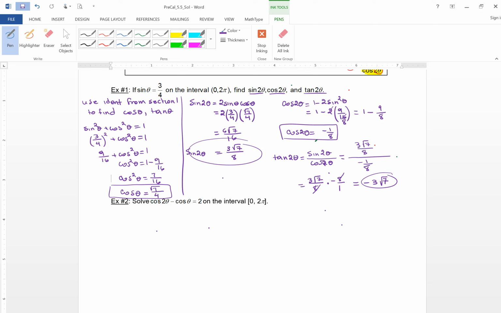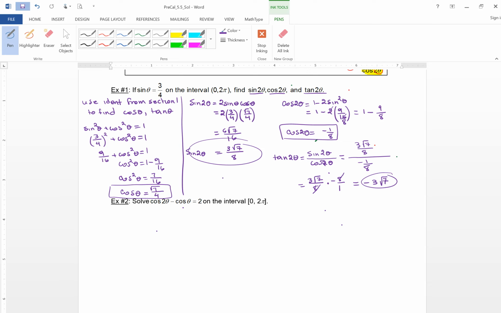Okay. Now, this is an equation that we have to solve. And it says cosine 2 theta, and here I have a cosine theta. Remember how in the previous sections we couldn't have an equation that mixed a sine and a cosine, or like 2 different trig functions?